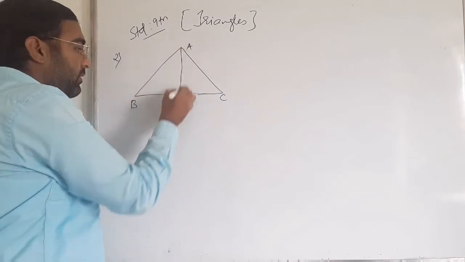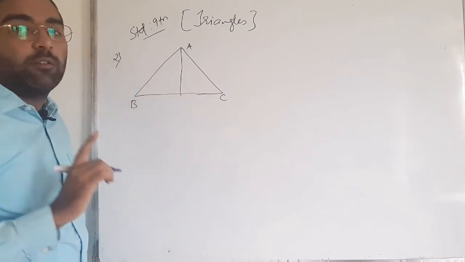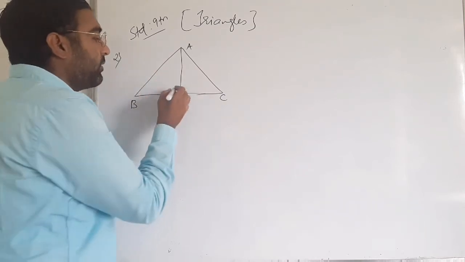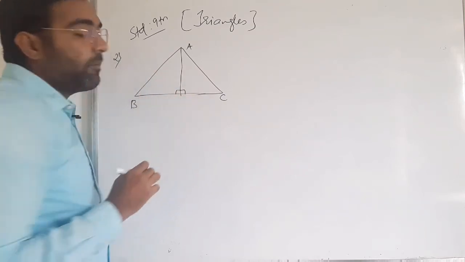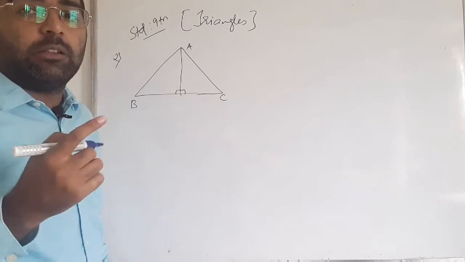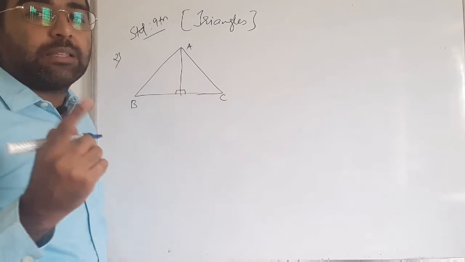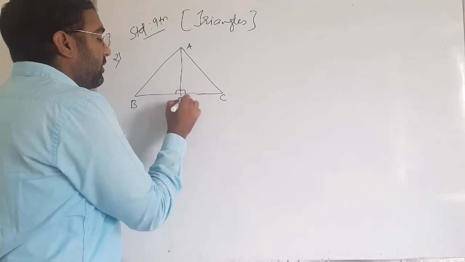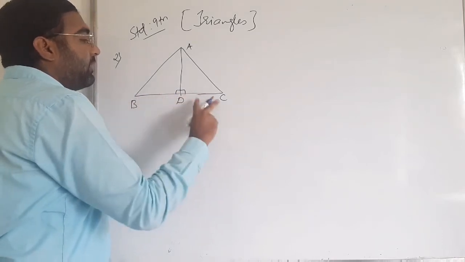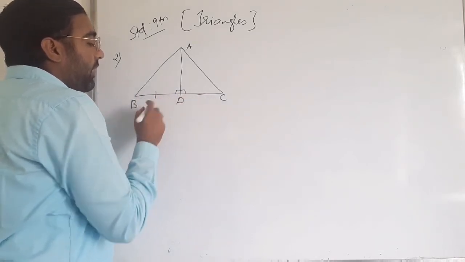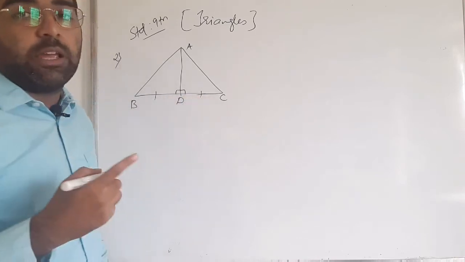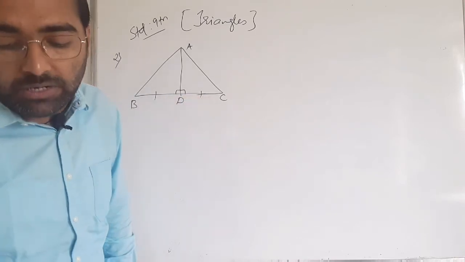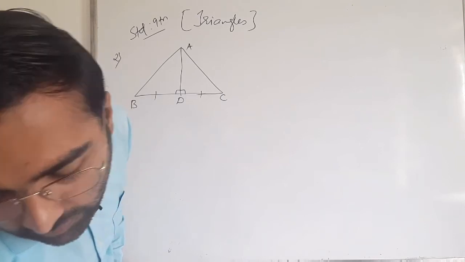First, AD is perpendicular, that means we are forming 90 degrees, and second, it is also a bisector, that means it divides this side into two equal halves BD and CD. BD is equal to CD.